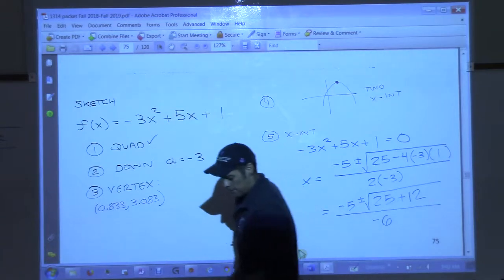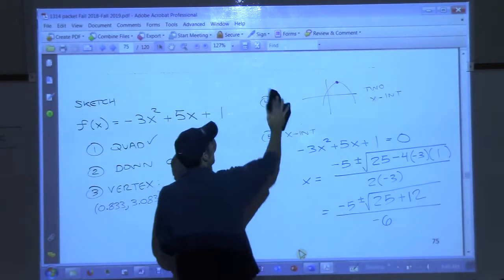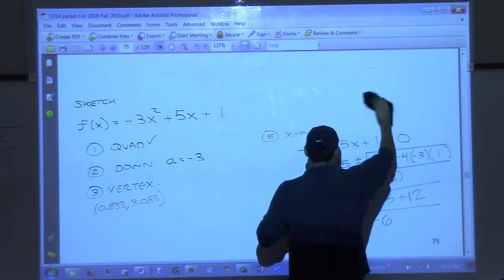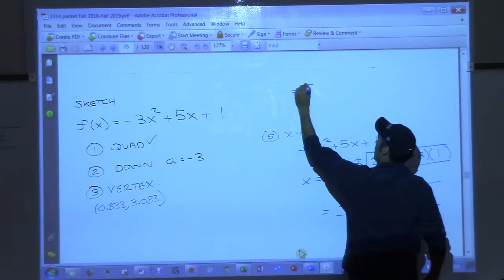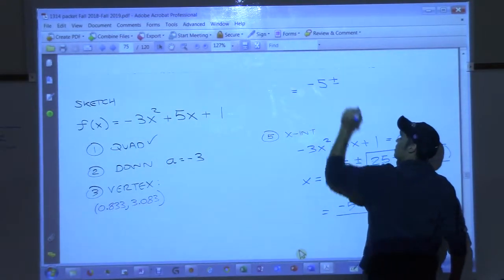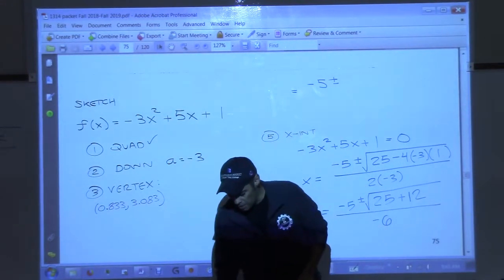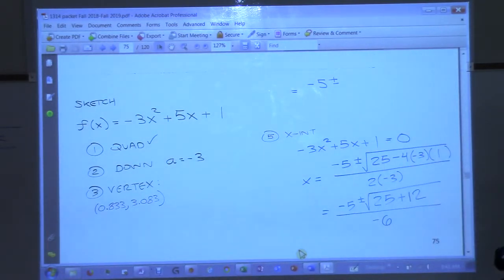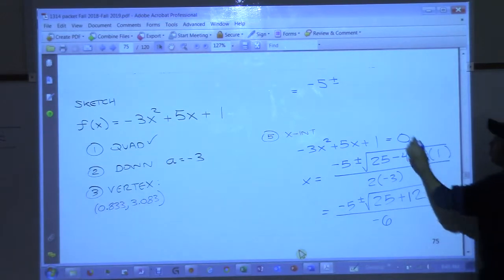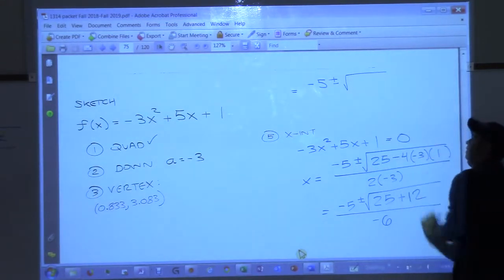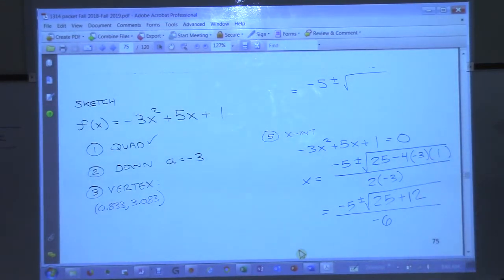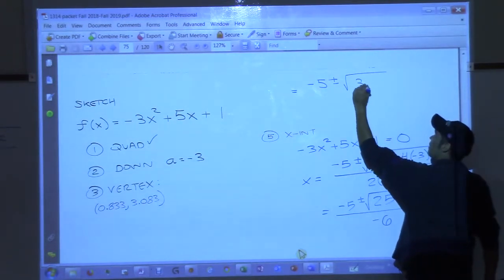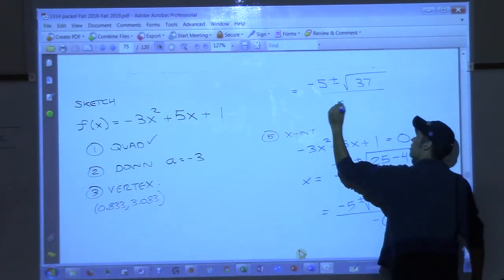Okay. This is equal to negative 5, plus or minus. All right, what's underneath the square root, Josh? What's underneath this thing? 37, and then over negative 6.